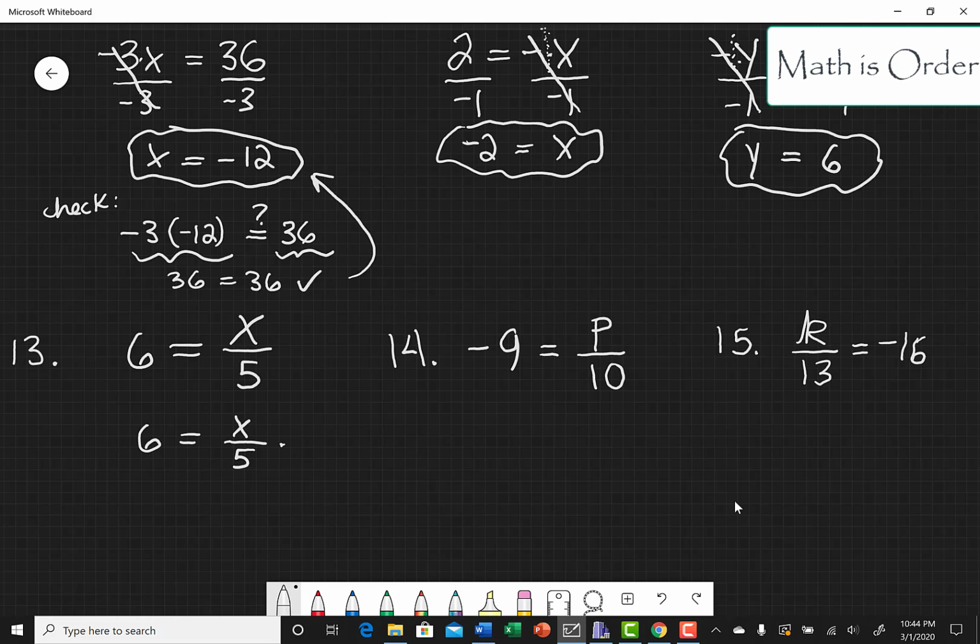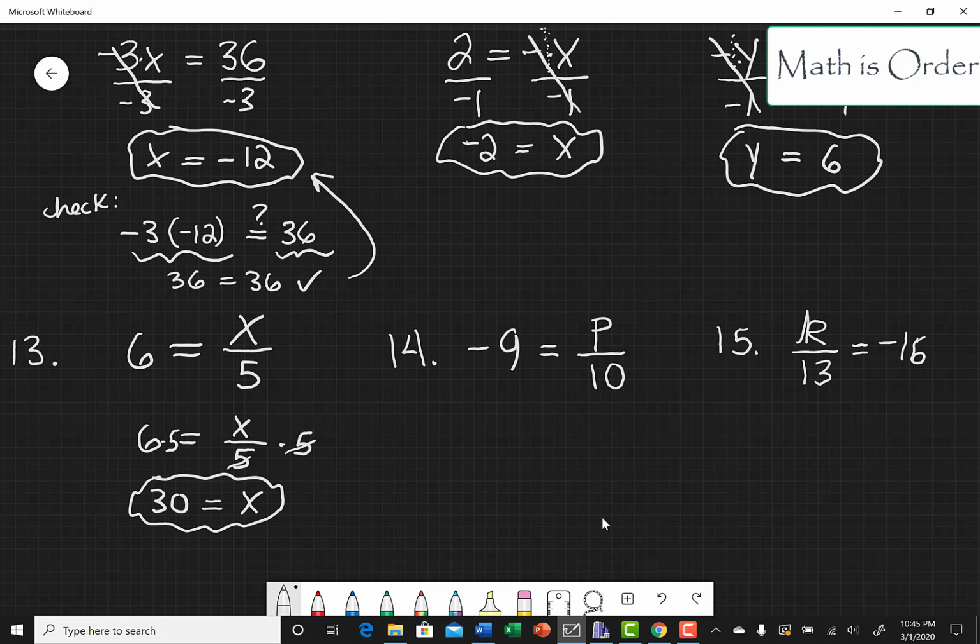So we need to multiply both sides by 5. 5 here, 5 here, right? Now, 5 on the top and 5 on the bottom cancel out to make 1. And 1 times x is just x, right? So we have x here, and on the left-hand side, 6 times 5 is 30, right? So our final answer is 30.